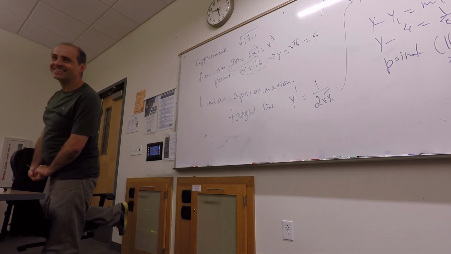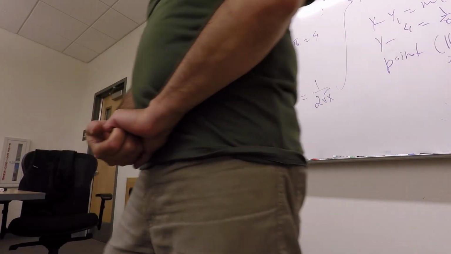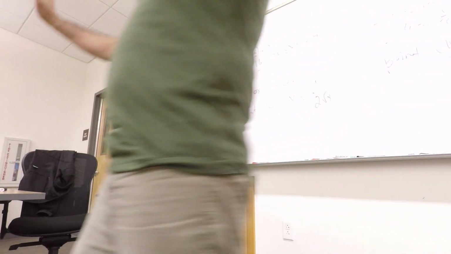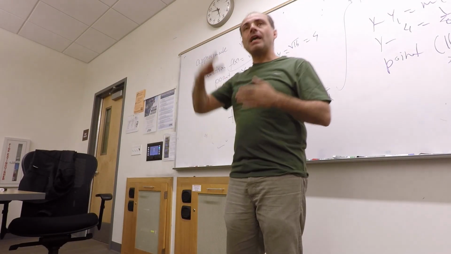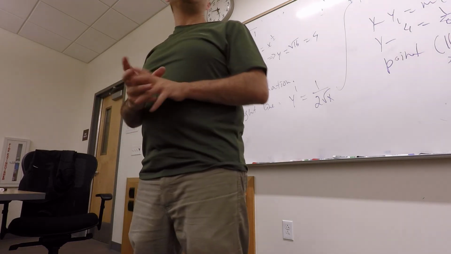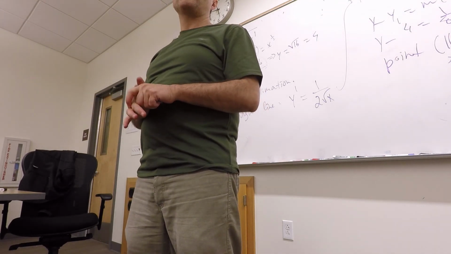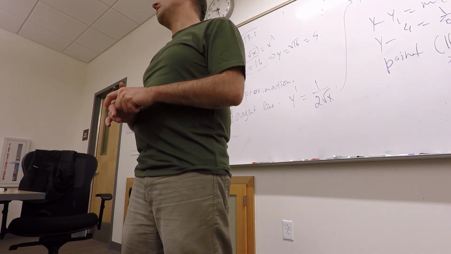So the final is June 4th, 8 o'clock. Not next week, but the week after that, Monday at 8 p.m., a different time. You have 2 hours for the final, 8 to 10.